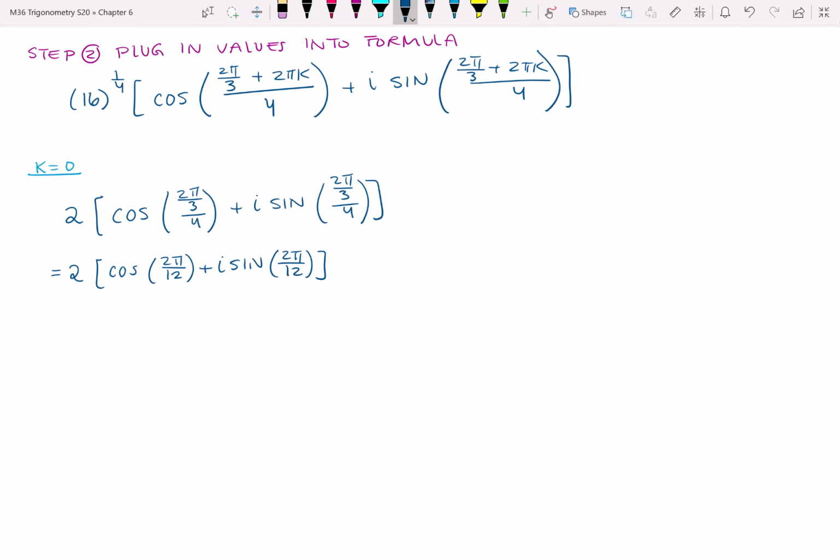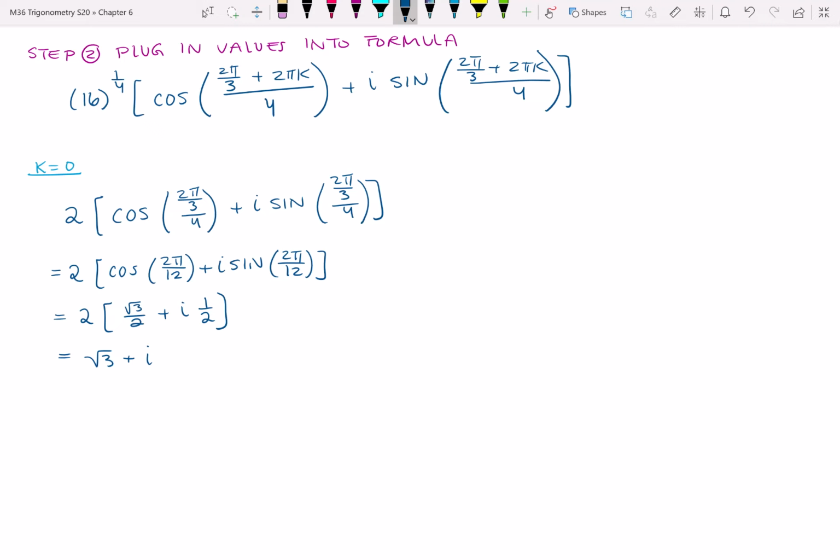And so this is going to equal 2 times the square root of 3 over 2, since cosine of pi over 6 is the square root of 3 over 2, plus I times 1/2, since sine of pi over 6 is 1/2. If I distribute that 2, I get the square root of 3 plus I. And so that's going to be one of the roots. When we take the fourth root of that complex number that we started with, one of those roots is the square root of 3 plus I.